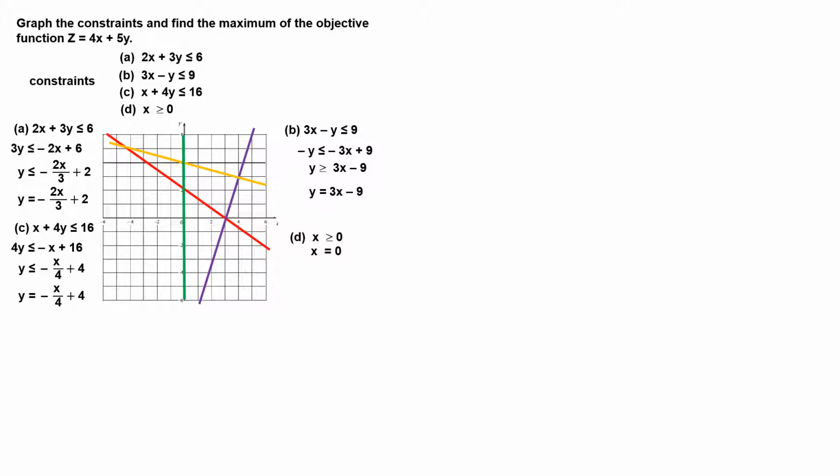In this example, once we have drawn the graphs, you should realize where the feasibility region is. I think it's clear where the feasibility region is. We don't need to shade. Let's find the corner points.